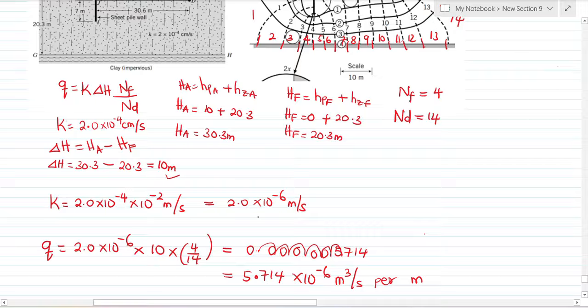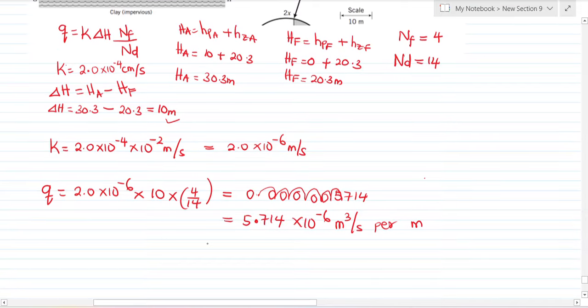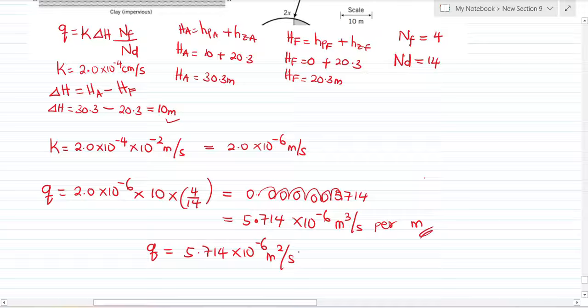And so I can then say that the flow rate, that is Q, is equal to 5.714 by 10 to the power negative 6 meters squared per second. You can also stick to this unit. So this is the flow rate.